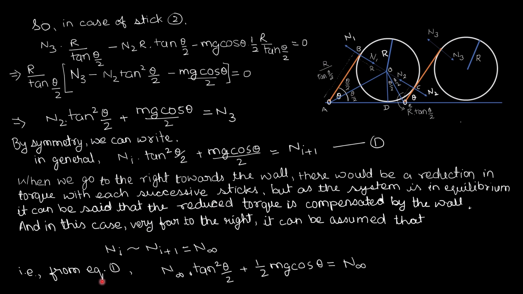So from equation 1, both Ni and Ni plus 1 can be replaced by N infinity. The equation becomes N infinity into tan square theta by 2 plus half into mg cos theta is equal to N infinity.